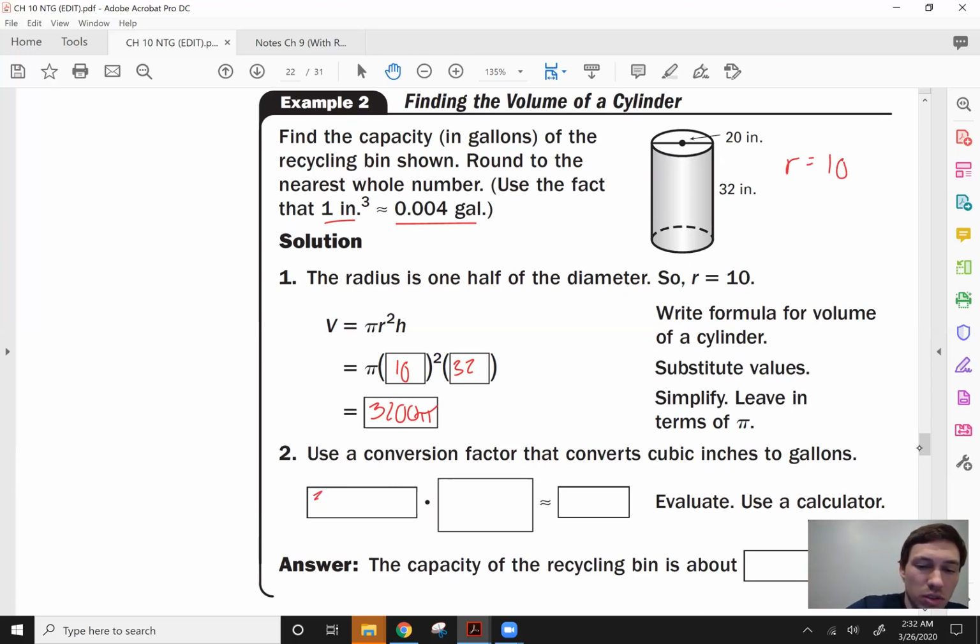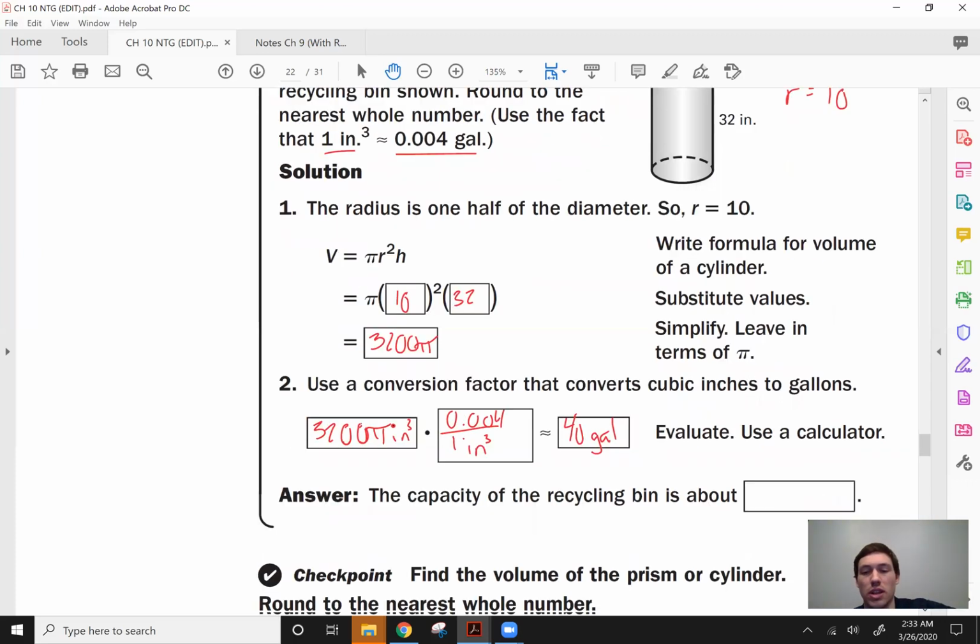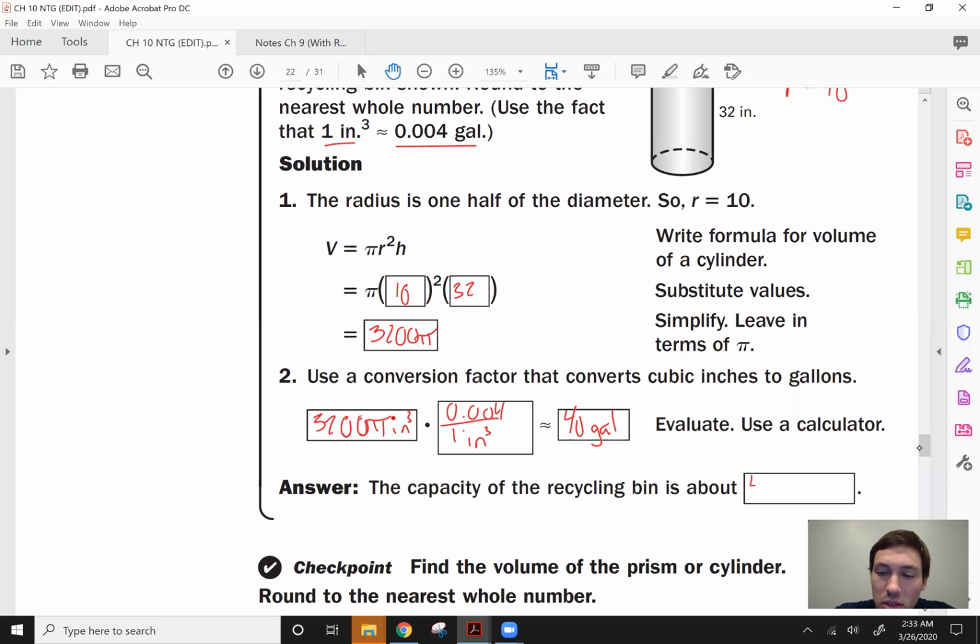So 3,200 pi inches cubed times 0.004. So when I take 3,200 pi times 0.004, I get roughly 40 gallons. So the capacity of the recycling bin is about 40 gallons.